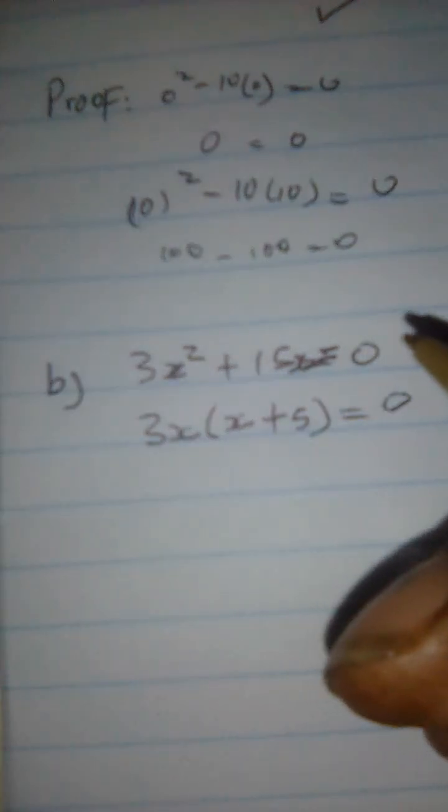Our greatest common factor is 3x, and all I'm left with is x plus 5, because if you multiply this back, it gives you 3x squared plus 15x.